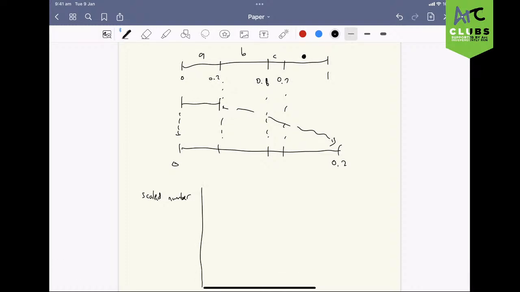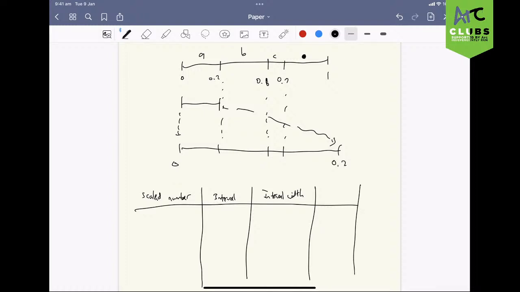We're going to need the actual interval, just to make it easier, and the interval width. And we're just going to put in the resulting decoded symbol at every step.